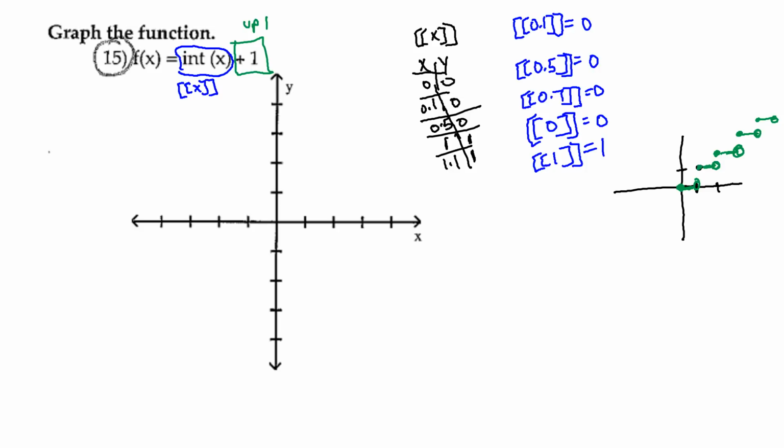So if we took this floor function and moved everything up 1, what exactly would that look like? Well, this first step, instead of being at 0, would be at 1. So our first step would be here. Our next step would be at 2.